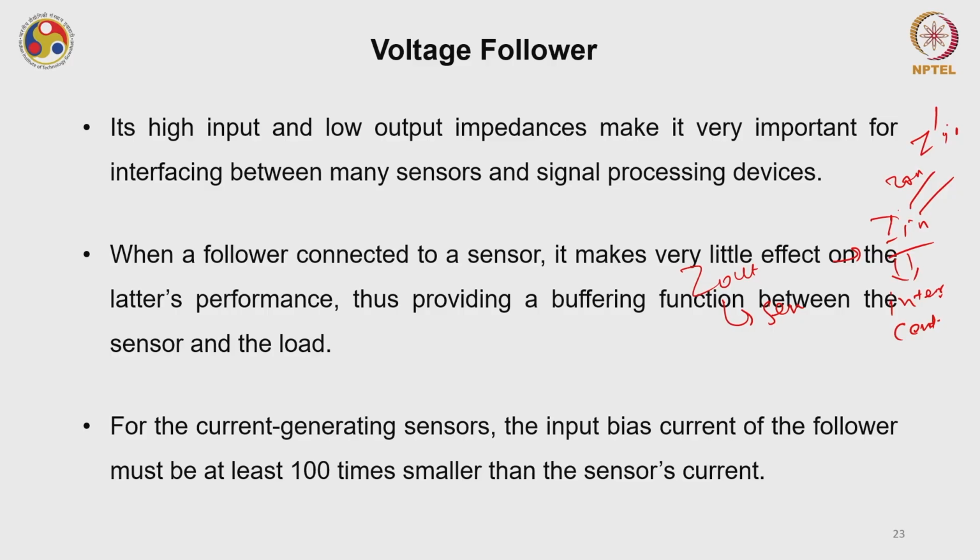For the current generating sensor, the input bias current of the follower must be at least 100 times smaller than the sensor's current. This is very important while you design this voltage follower circuit. Now, once you have understood this voltage follower, I am ready for this impedance matching kind of critical problems.